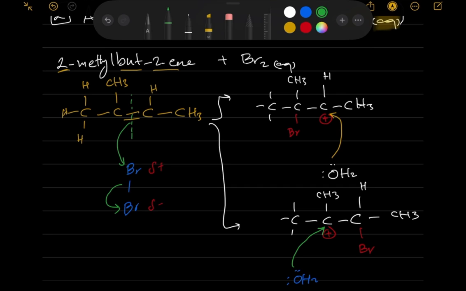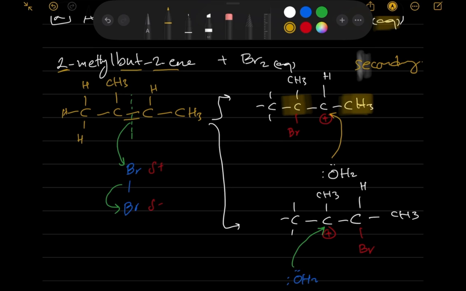So in your opinion, which of these carbocations is more stable? If we look at the first carbocation, it's secondary. It's bonded to this alkyl group and this alkyl. So this one here is a secondary carbocation.